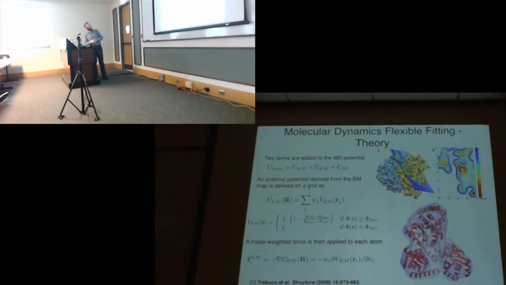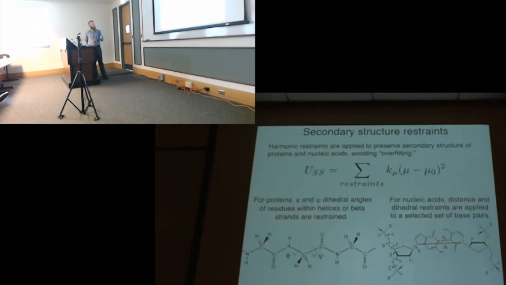The second term, this U sub SS, is a general restraint potential. I'm going to talk a little bit about those restraints. The primary one that we use in almost all cases, which is very important, are secondary structure restraints.